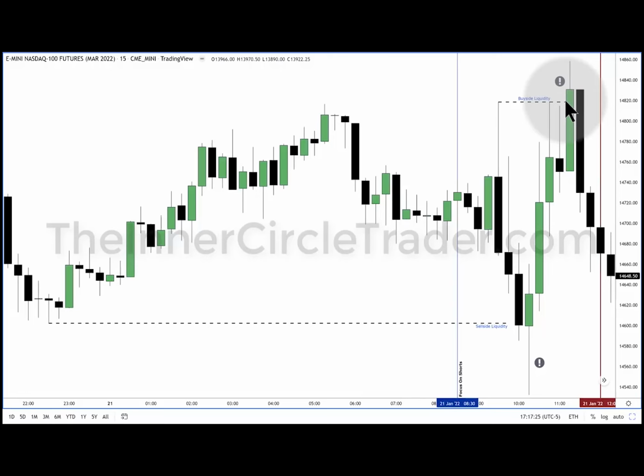What do I mean by that? If you see a market structure that's bearish and it's broken to the downside intraday, that may just lead to an intraday price leg that may eventually see that high taken out in the same day. So that's why I'm using the term market structure shift, not market structure break.